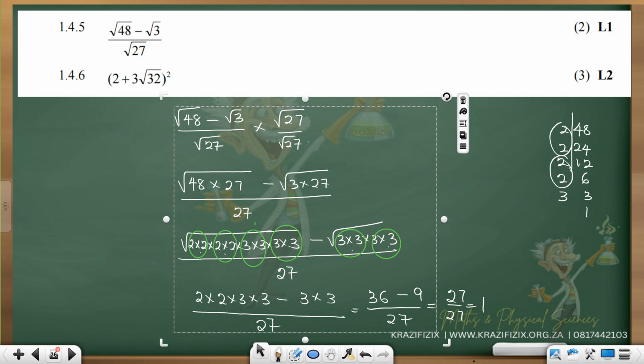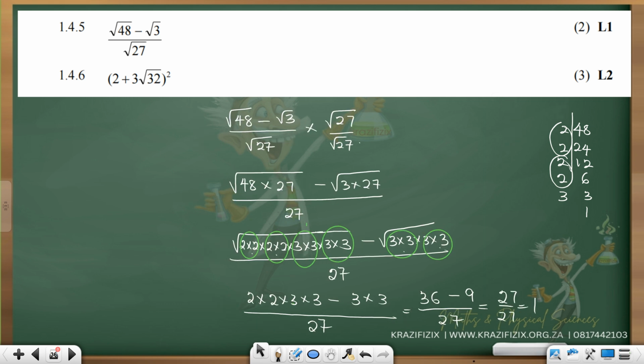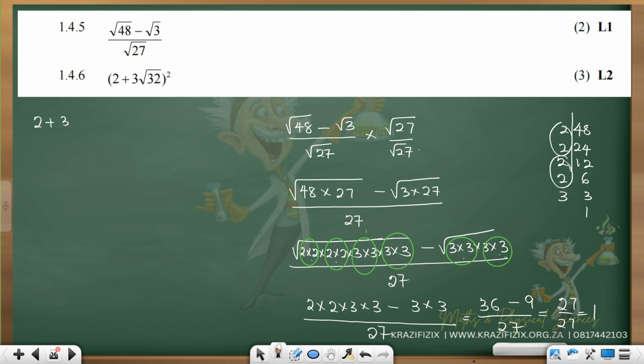I'm just trying to see, maybe there's someone who's writing. All right, guys, this is not difference of two squares. This is foiling. I hope you remember how to foil.